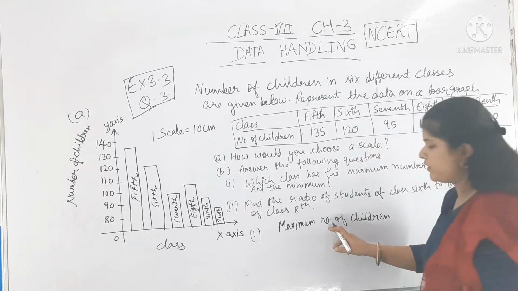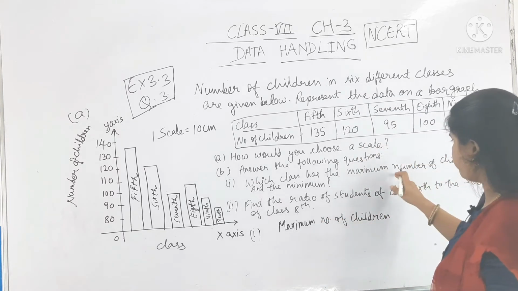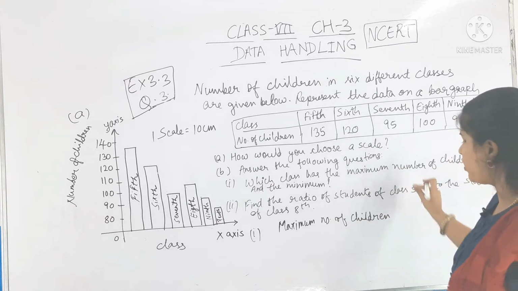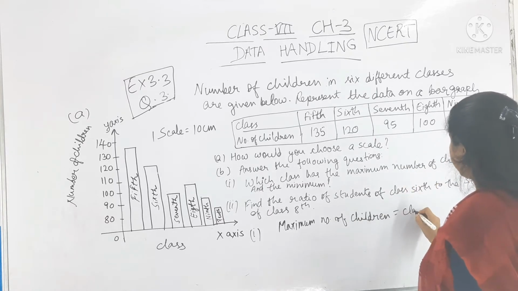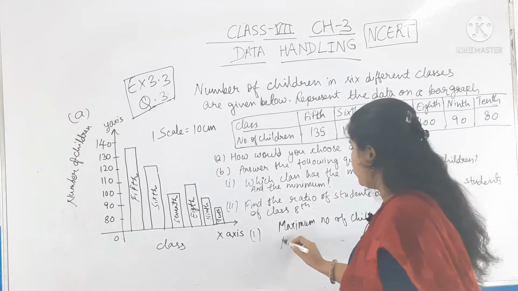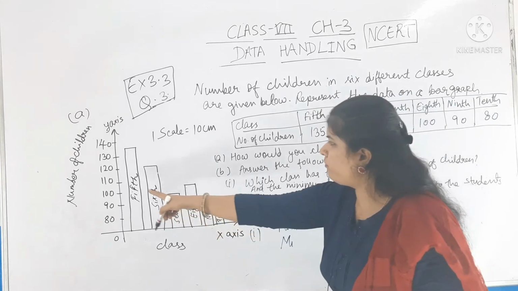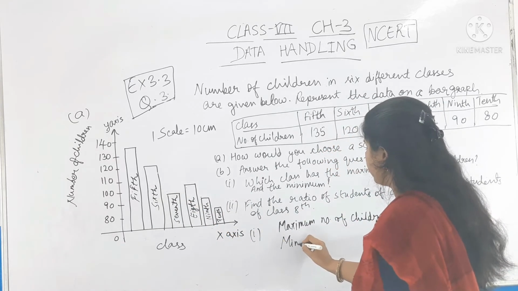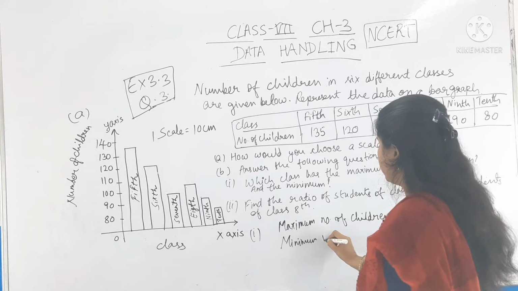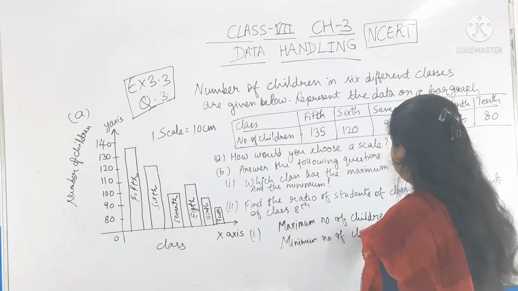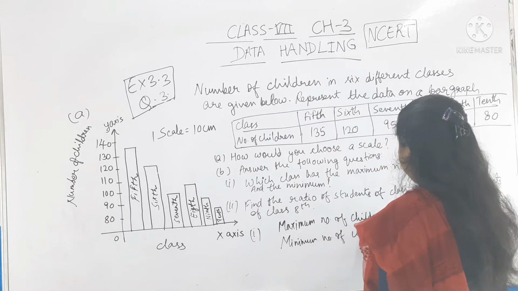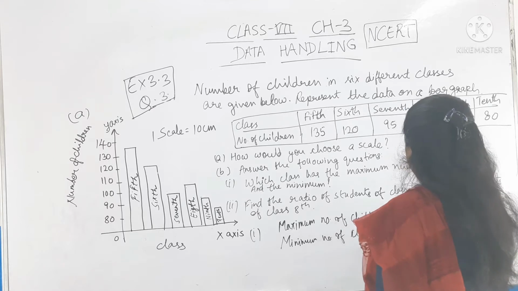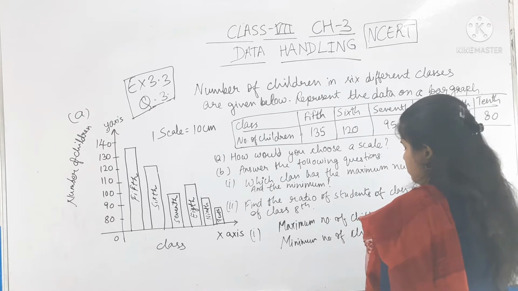I had taken number as a shortcut, but we have to write the full spelling of number, equal to class 5th. Minimum, you can see the minimum is 10th class, that is 80. Minimum number of children is equal to class 10th.